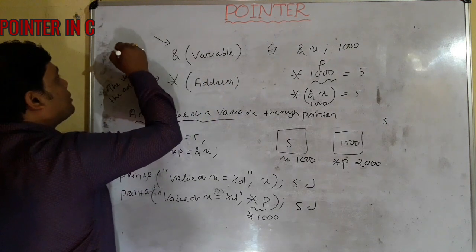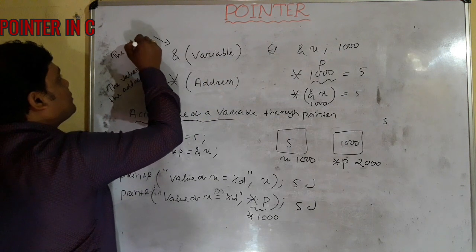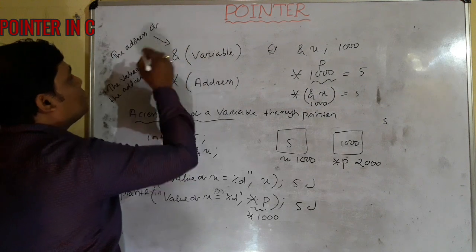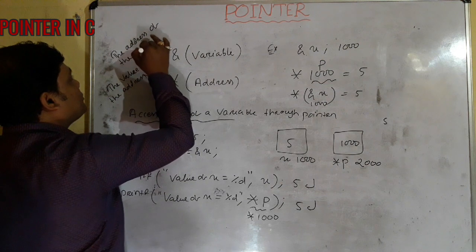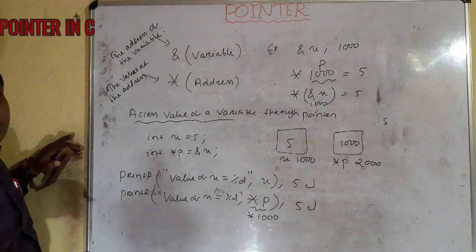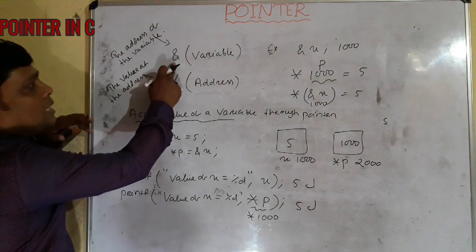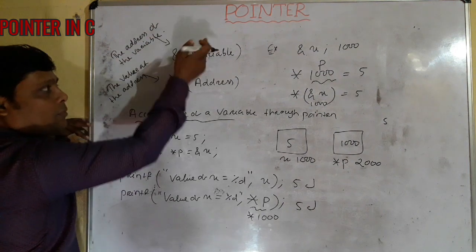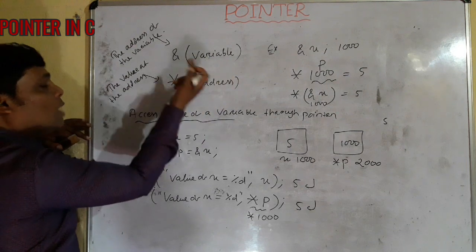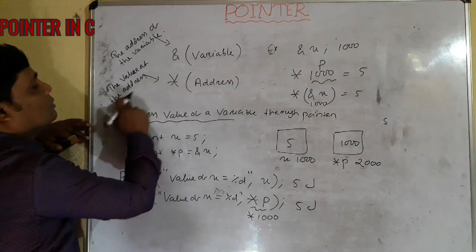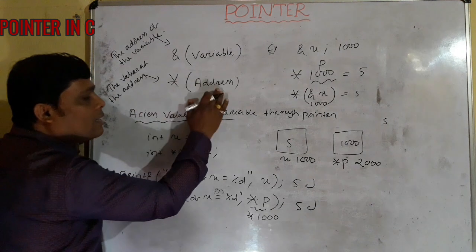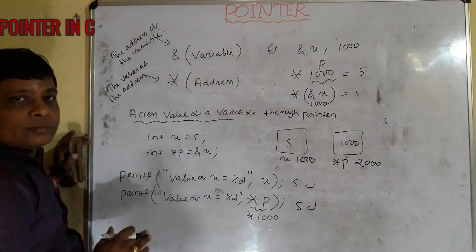It means the address of the variable. Clear? This ampersand means the address of some variable. Star means the value at the address given after star. So after star there will be address. Clear?